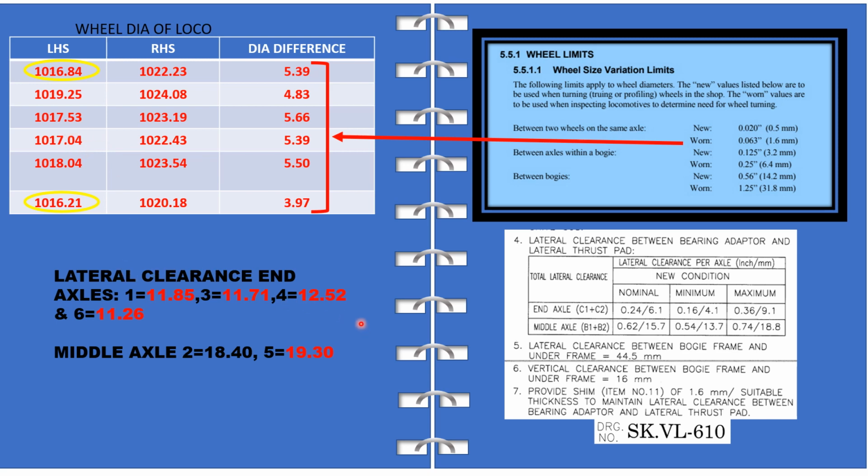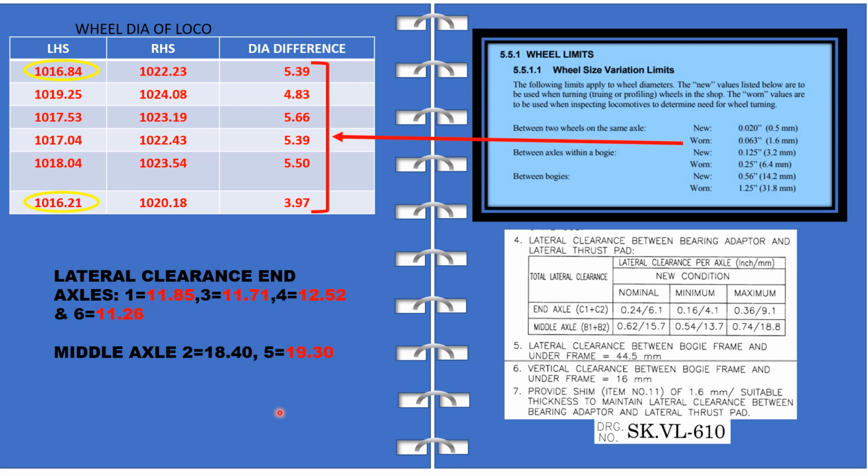The second parameter which was out of tolerance is the lateral clearance, which has exceeded its 9.1 value. The lateral clearance on the end axle is 11, 11, 12, 11, and on the middle axle, which is to be a maximum of 18.8, it has gone to 19.3, though nominal, but it has exceeded its limit.